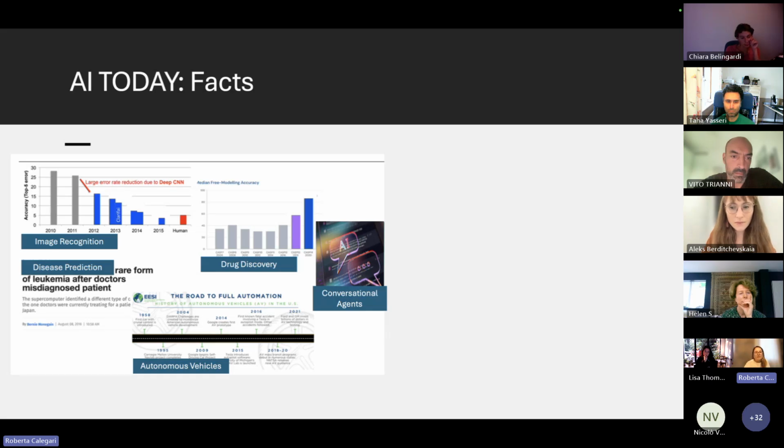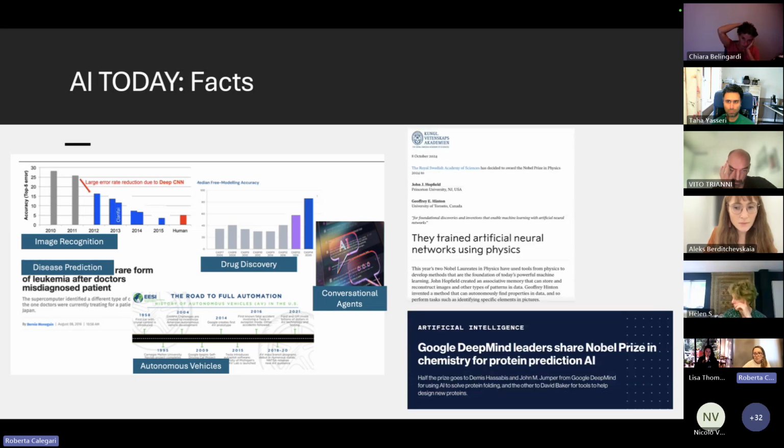Then we have other unpredictable, very impressive results, like the ones in drug discovery, disease prediction, autonomous vehicles, conversational agents, and also last year we got 2 Nobel Prizes in the field of chemistry and physics related to AI results. So what we have in our hands is a great possibility.